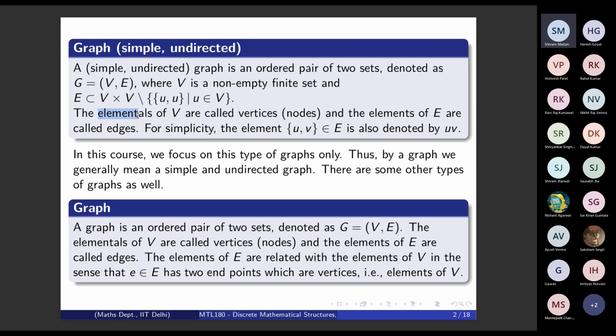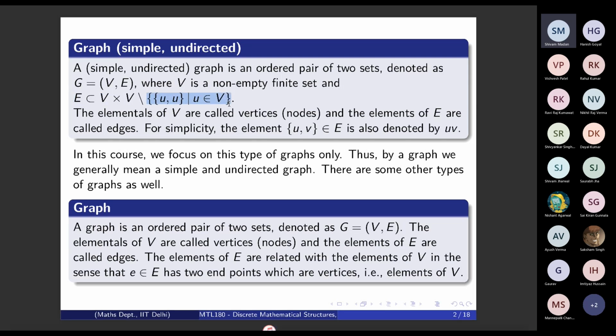Now what is the relation between V and E? E is just a subset of V cross V. More precisely, E is a subset of V cross V minus the diagonal.